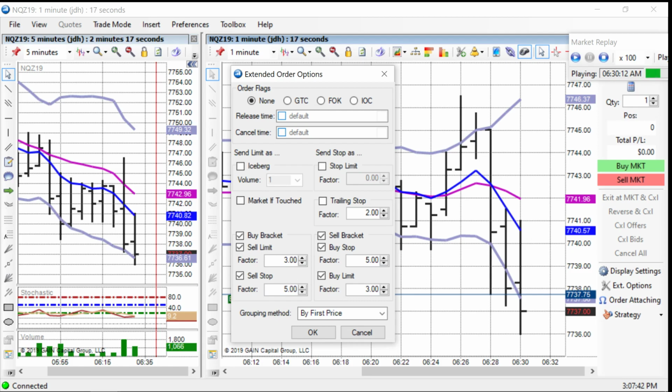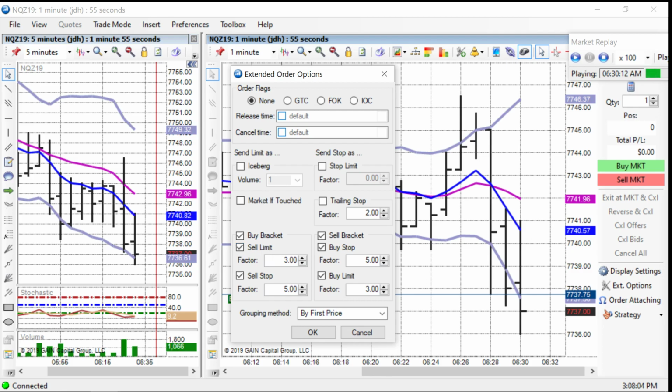On this particular day, I might have set 5 points and hit most of the 5-point targets in the first hour, but we'll make it easy and hit the 3 points very quickly. So yeah, I have the buy bracket.